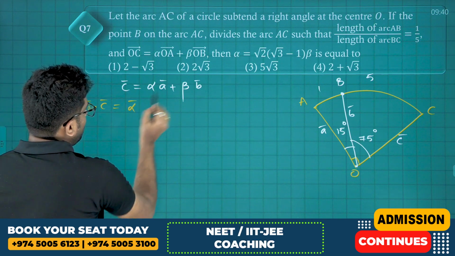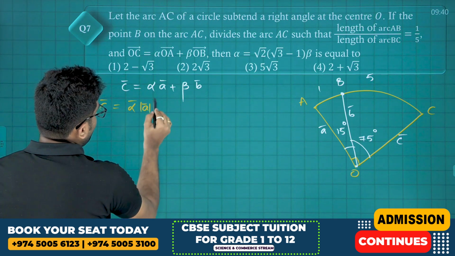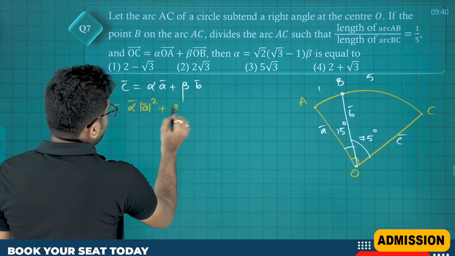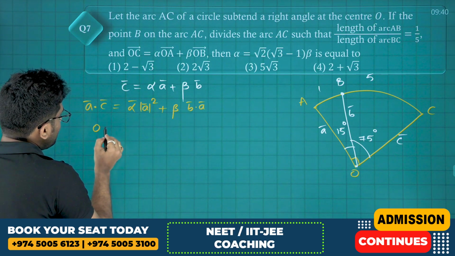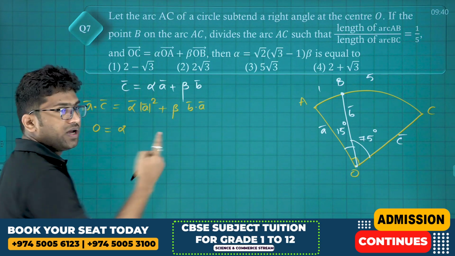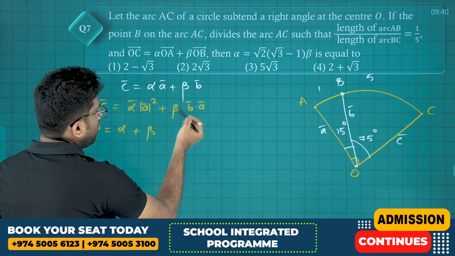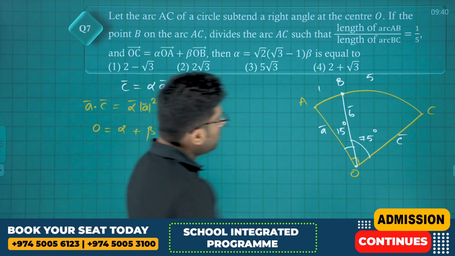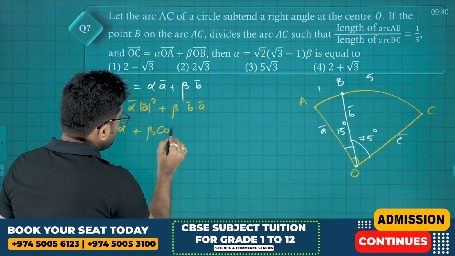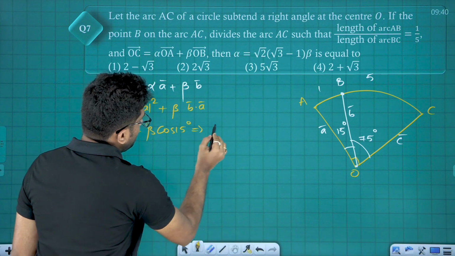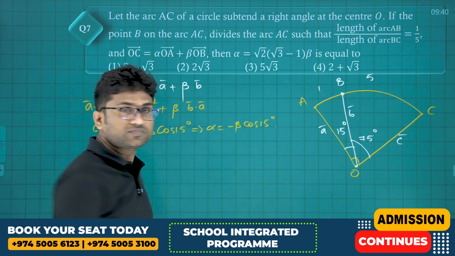So alpha A bar dot A bar, which equals mod A whole square, plus beta times B bar dot A bar. Now A bar dot C bar is 0, which equals alpha into 1, as we have taken mod A as 1, plus beta mod B into mod A into cos of the angle between B bar and A bar, which is 15 degrees. So cos 15 degrees. From here we can say alpha equals minus beta times cos 15 degrees.